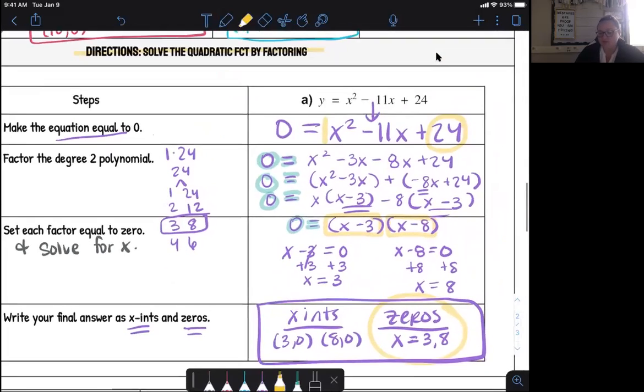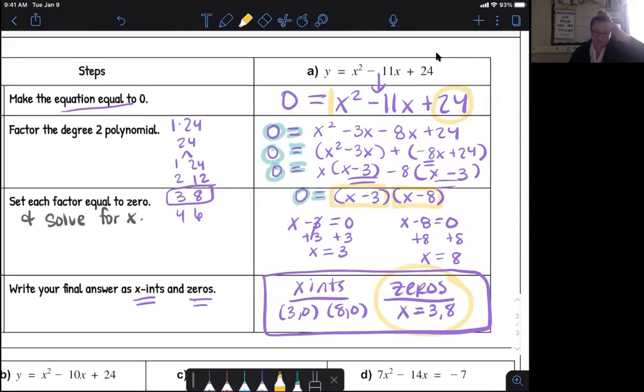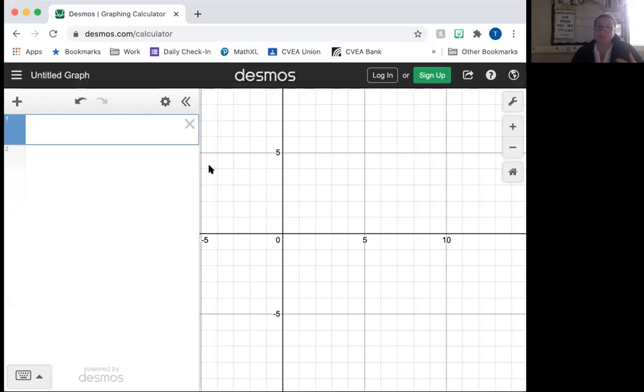All right, so let's double check that we actually found the right answer. Let's see if the graph of this equation, y equals x squared minus 11x plus 24, agrees with our mathematical reasoning here. Give me just a second to pull up that graph. So I'm back on Desmos.com and I'm just going to check to see if my math was correct.